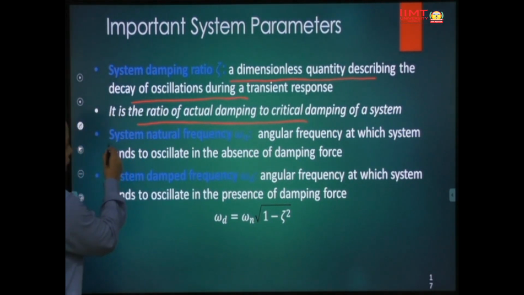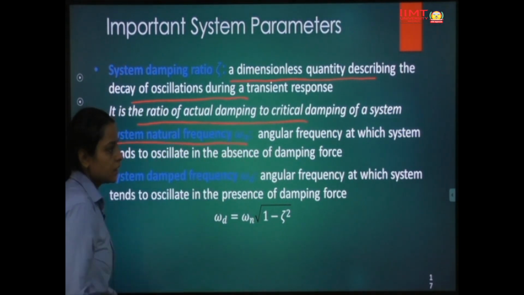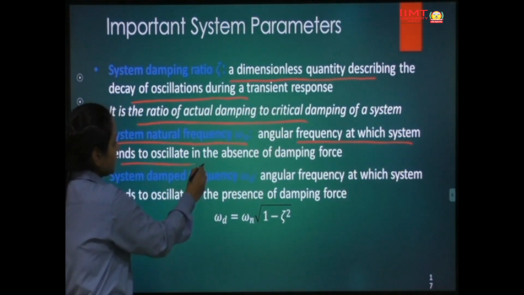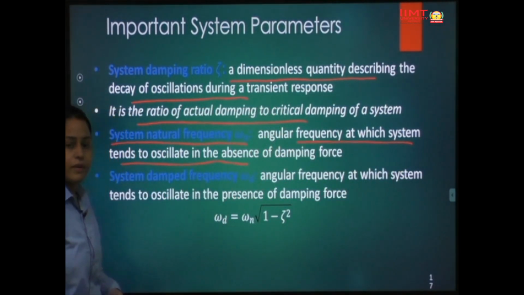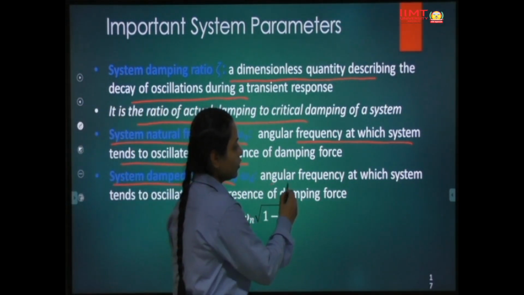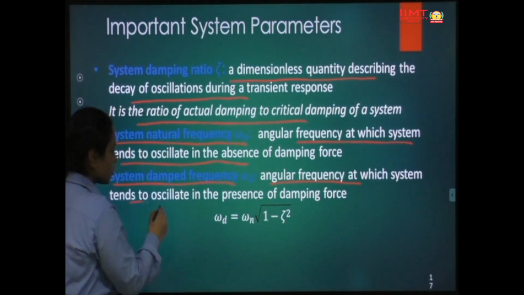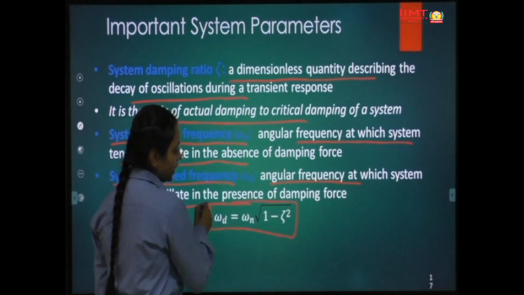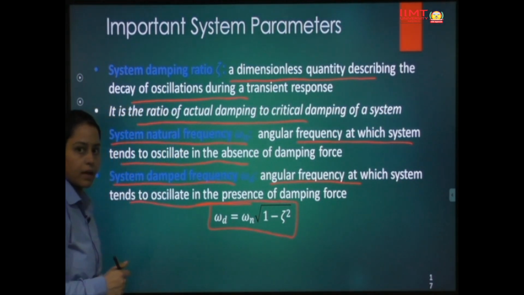Omega n is the natural frequency, the angular frequency at which the system oscillates in the absence of damping force. The system damped frequency is the angular frequency at which the system tends to oscillate in the presence of damping force, and omega d is equal to omega n under root 1 minus zeta square.